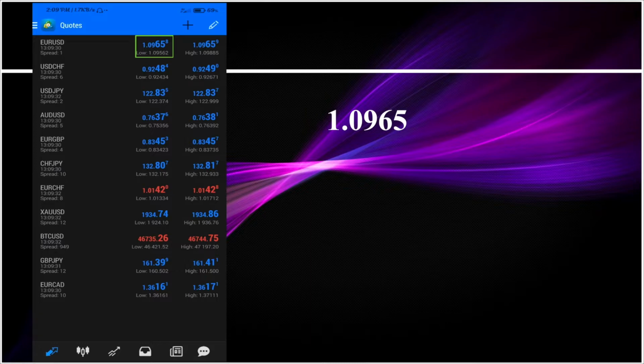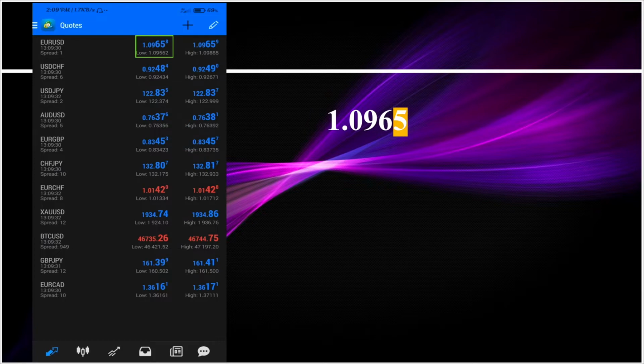So let's continue. In pip calculation, when it comes to currency pairs, it's calculated after your decimal point. Here we have 1.0965. That means we should start calculating our pips from the fourth number, which is 5. Any calculation you are doing will start from 5.